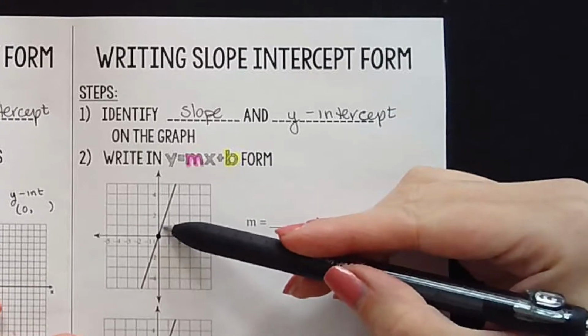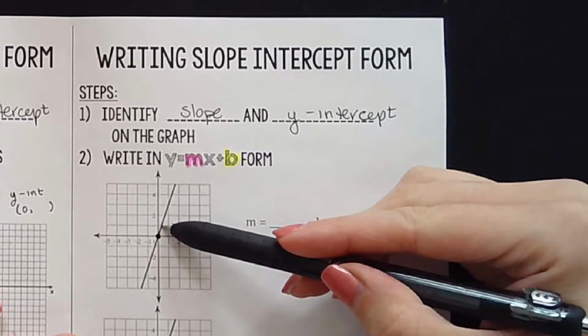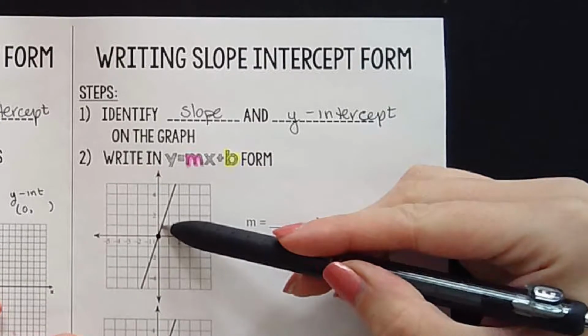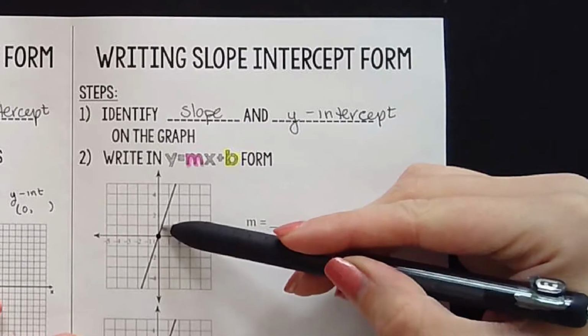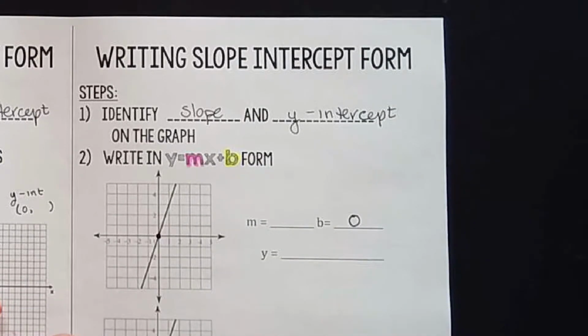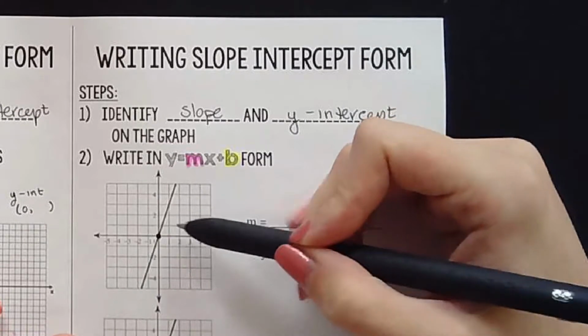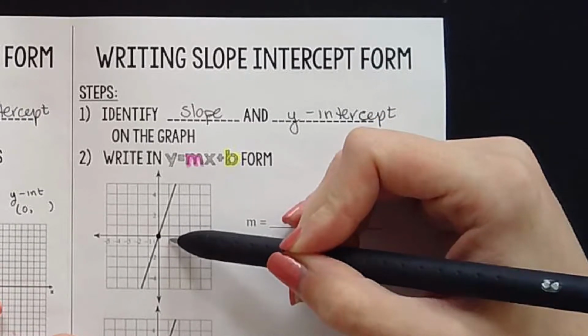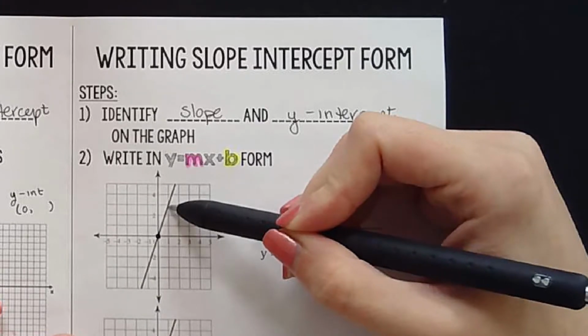So I'm not going to pick this point because I can't really read where that is. I would estimate that maybe it's at 0.2, 1, but maybe it's really 0.4, 1. I don't want to deal with that. I don't want to estimate. So I want a nice, easy to read point like this one right here.